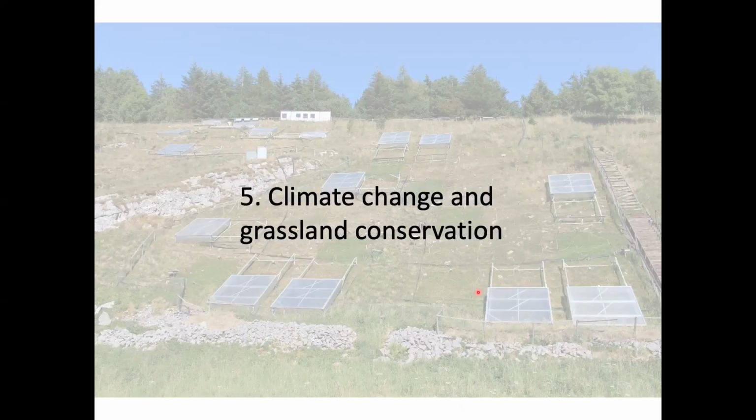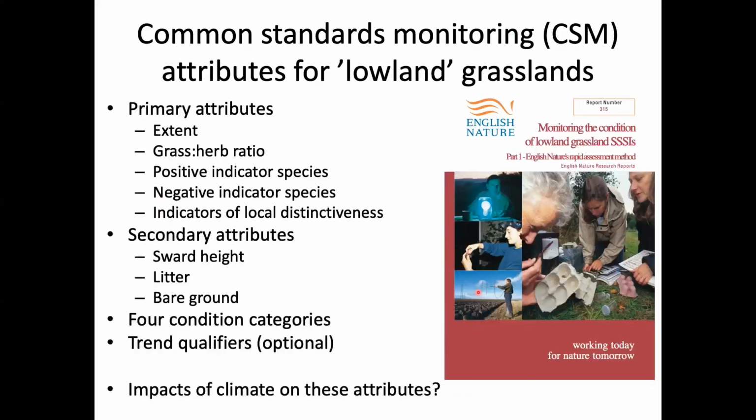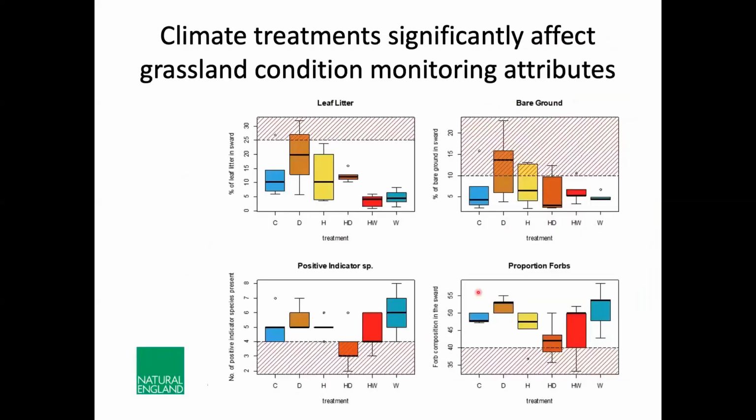And the final point that I'm not going to labour is that we're now using the findings from Buxton to inform the development of common standards monitoring of grasslands in collaboration with Natural England. So using our understanding of how the plant species respond to the climate at Buxton, we can begin to perhaps refine methods for monitoring grasslands so that they're better able to pick up climate impacts.